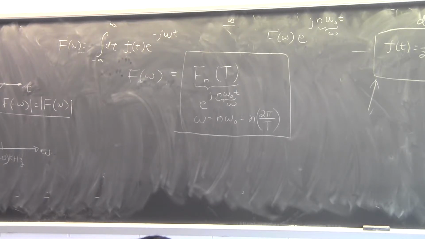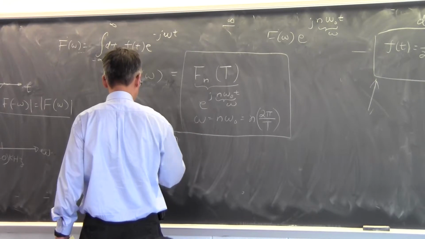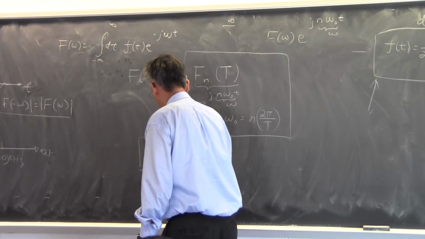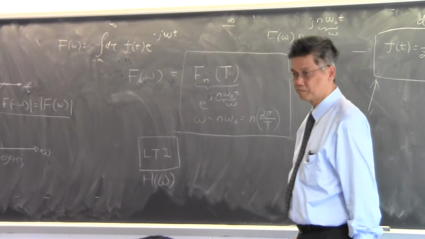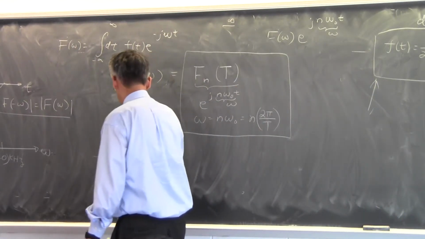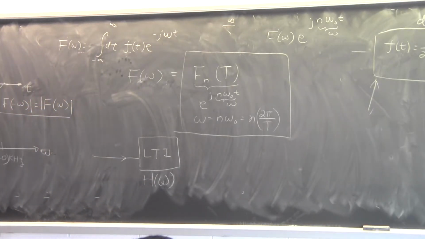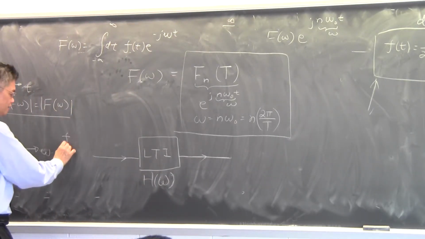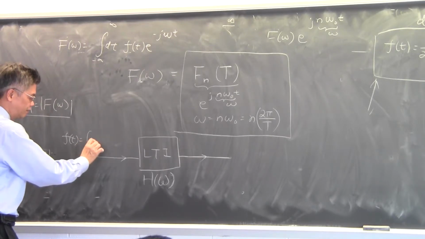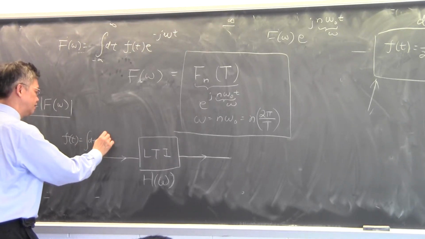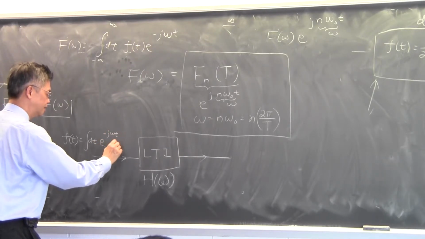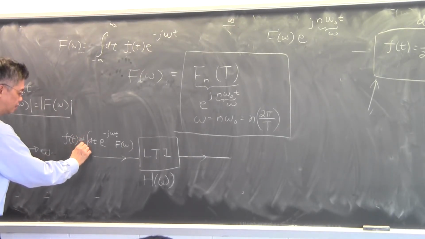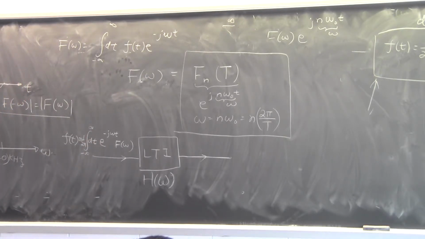So if I have an LTI system defined by a frequency response function, which is also called a transfer function in some textbooks, then if I have a signal which can be written as e to the minus j omega t f of omega, with a 2 pi somewhere there.